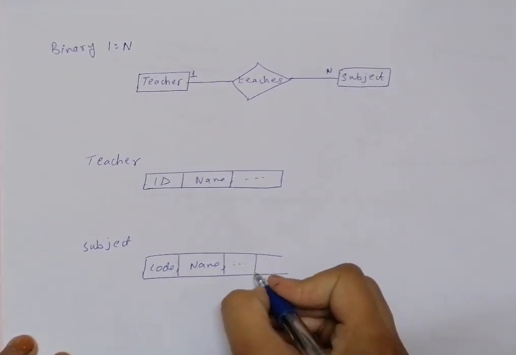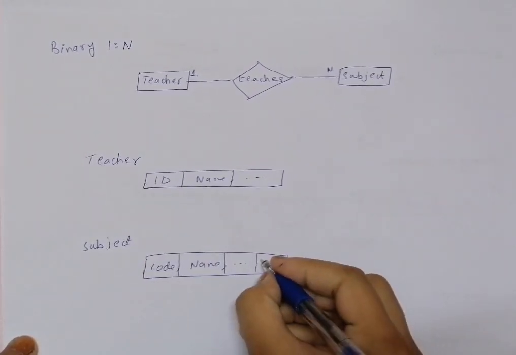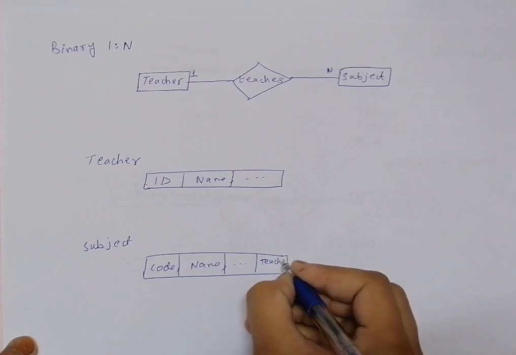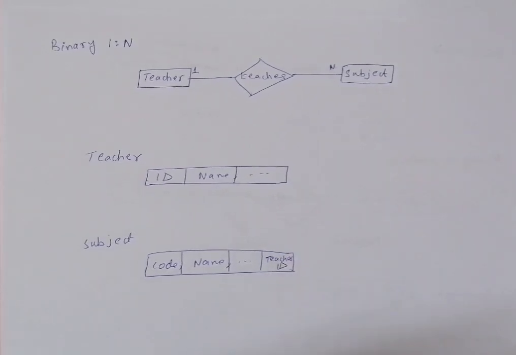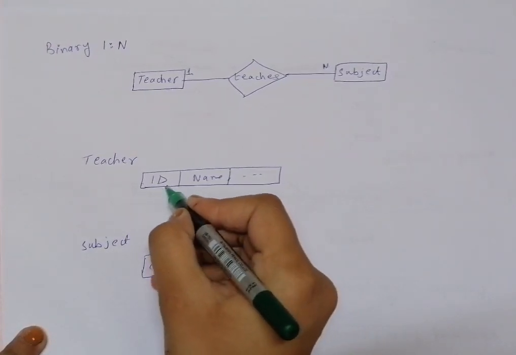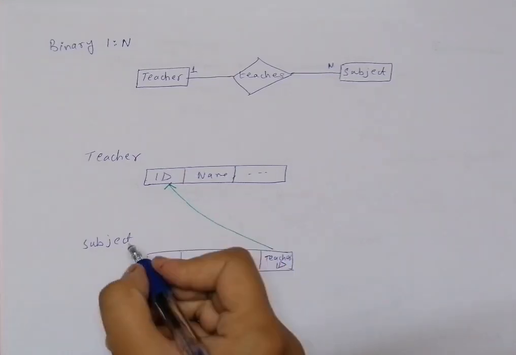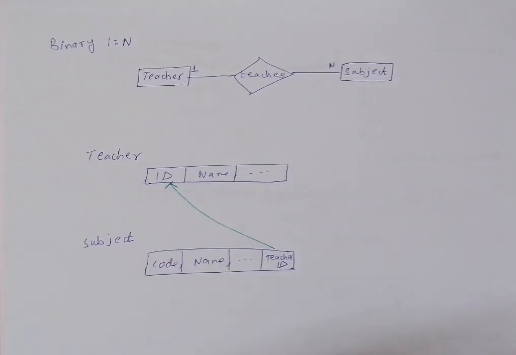Here you make teacher id a foreign key in this particular relation of the subject. So teacher id will come in subject as an additional column. This is how we model a binary one-to-many relationship.